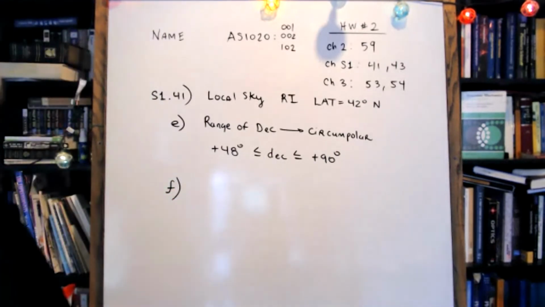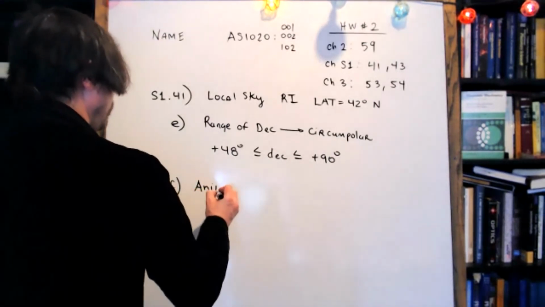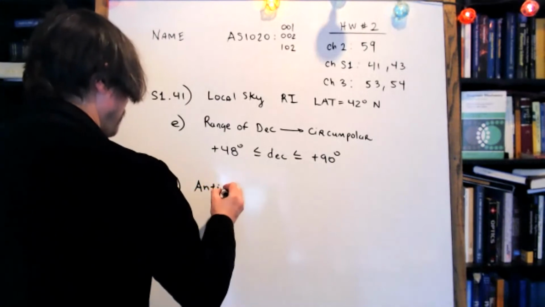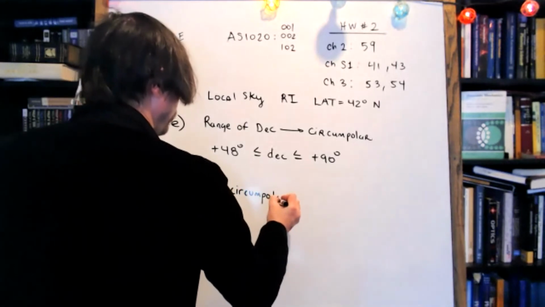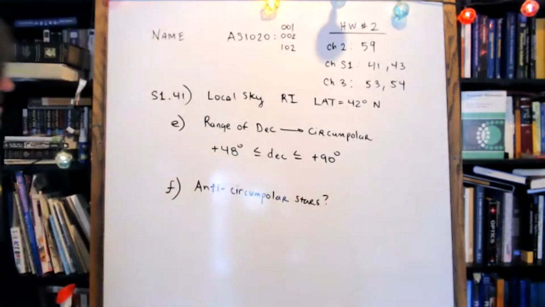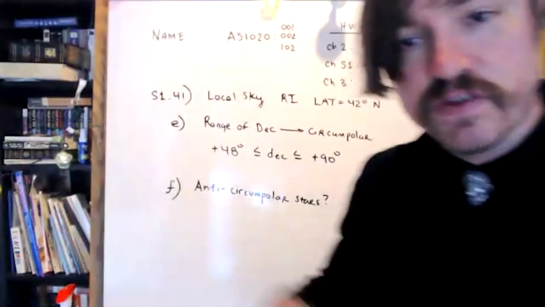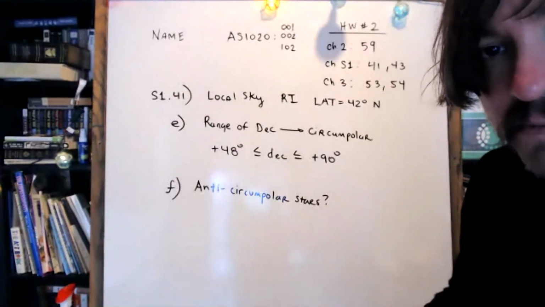Question F asks for the opposite. They want the so-called anti-circumpolar stars. That's what I call them anyways. And the idea is, in Rhode Island, there's a range of stars that we can never see in the southern hemisphere because we're too far north to see them.